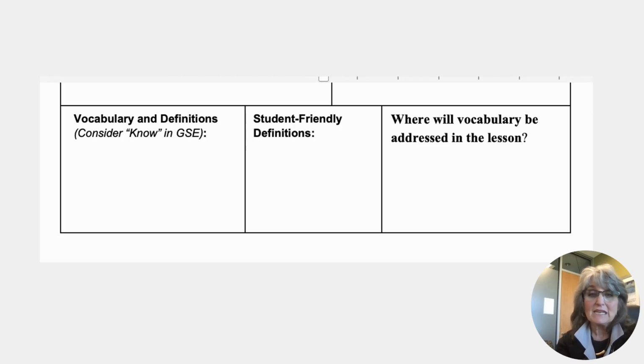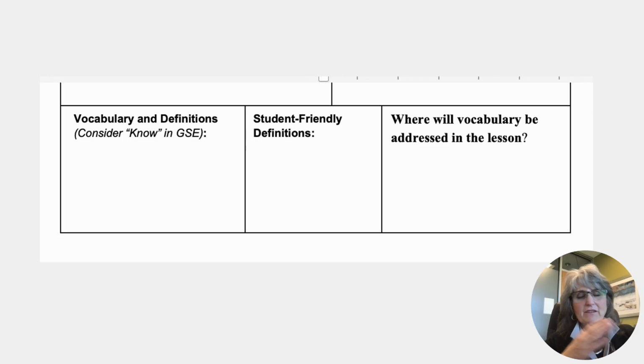The next stop is student-friendly, kid-friendly definitions. Ways to explain it, maybe to break it down, depending upon the developmental level and the age of your students, to make it to where they can more easily understand. And then where will vocabulary be addressed in the lesson? Well, usually vocabulary is addressed right at the beginning of the lesson.